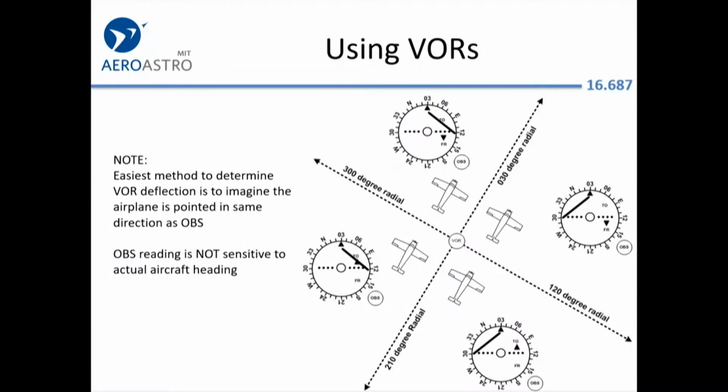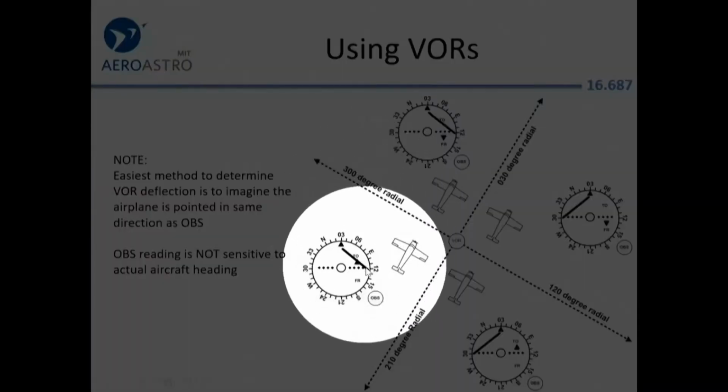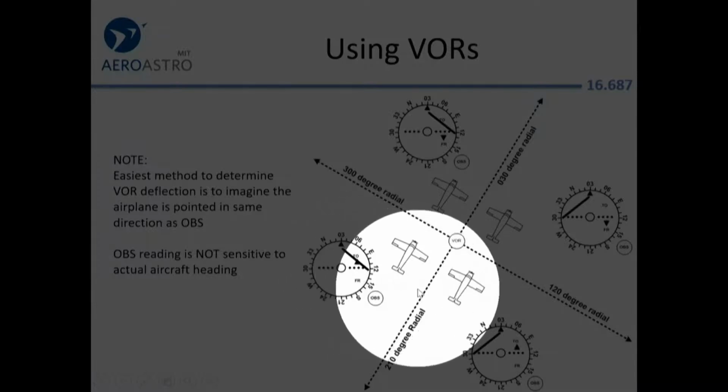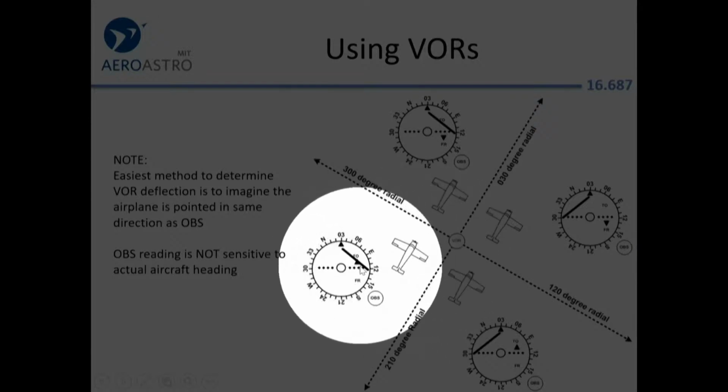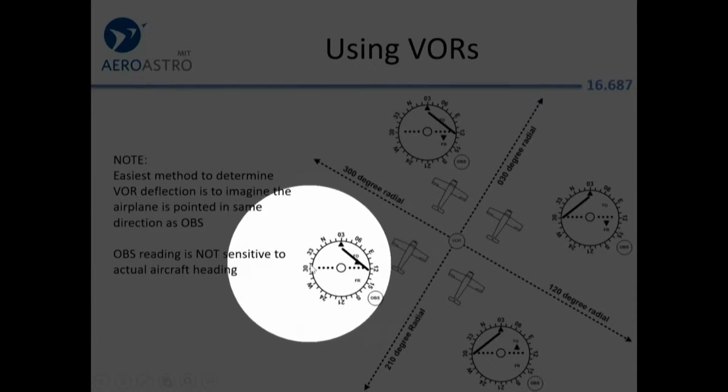So you can see this airplane at left, it's showing that the 030 radial is to the right of the wing, assuming we were actually heading 030, and that we're going vaguely towards the VOR because the to flag is set.